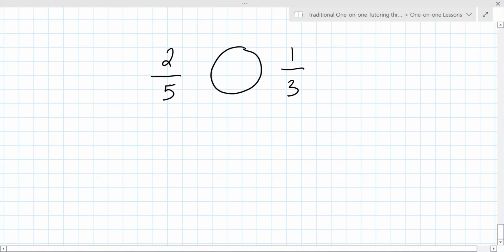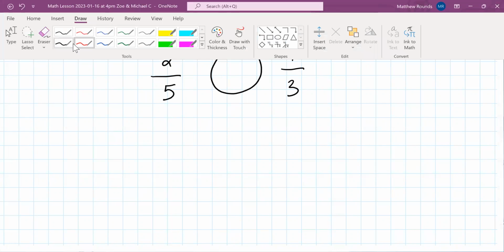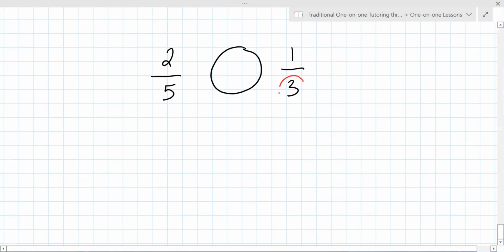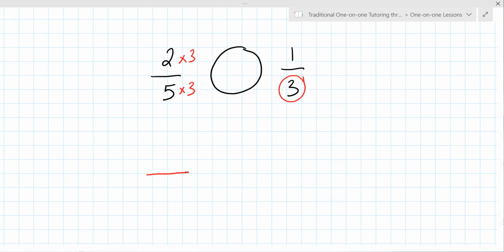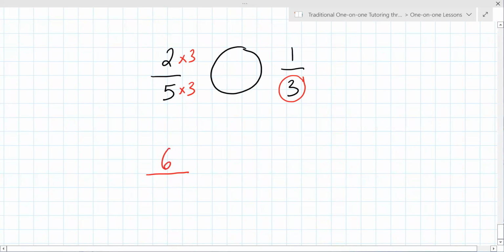You're going to multiply the 5 and the 2 by what number? By the 3. Okay. What is 2 times 3? What is 5 times 3? 2 times 3 is 6 and 5 times 3 is 15.